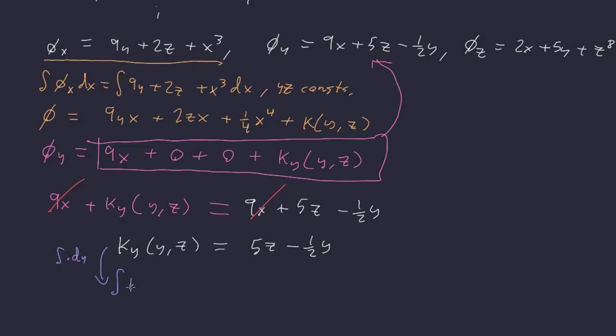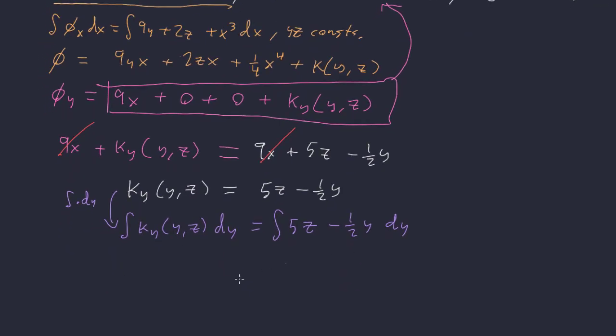Right, because the integral of k_y of y comma z dy should be equal to the integral of 5z minus 1/2 y dy. So we get that k of yz is equal to, well, now we're integrating with respect to y.